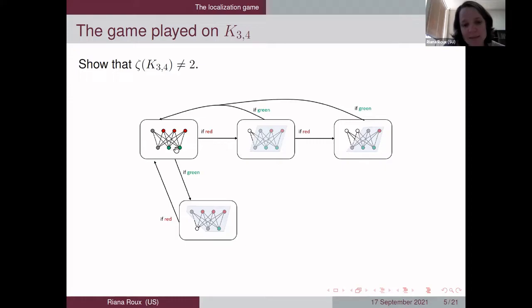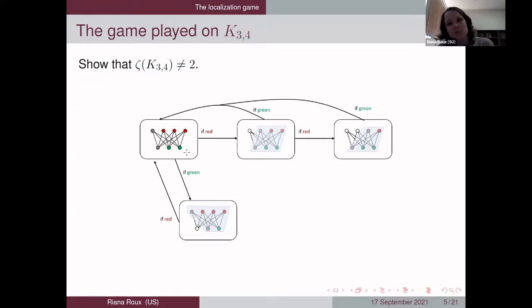So they have the same distances to these 2 vertices. The same is true for the red vertices at the top. It is distance 1 from the bottom gray vertex and distance 2 from the top gray vertex. So what happens essentially is that the robber can hide either in the red vertices or in the green vertices.